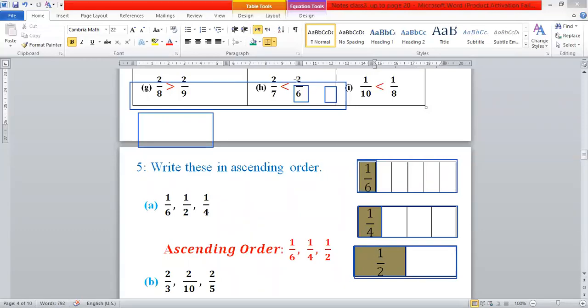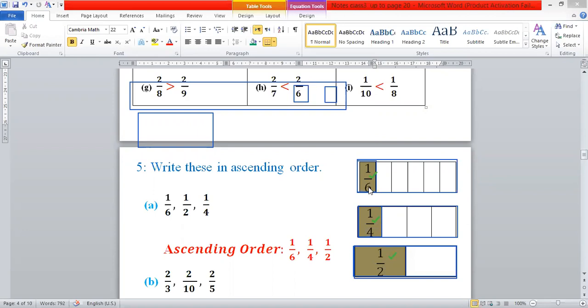It means 1 over 2 is greater than 1 over 4 and 1 over 4 is greater than 1 over 6. Don't think that because this is 6, it means it is greater. This 1 over 6 means this is the sixth part. When we divide any object or any collection into further parts, definitely each part will become smaller.